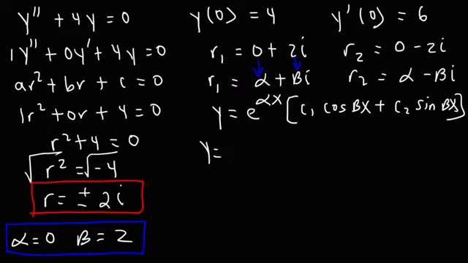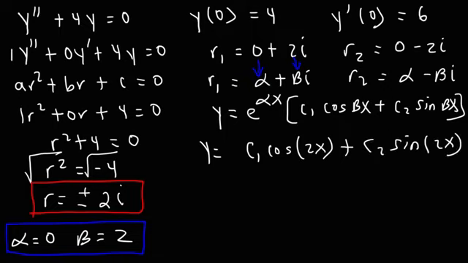Now alpha is 0, so we're going to have e to the 0. e raised to the 0 is 1, so that's just going to disappear. So it's going to be c1 cosine beta x, beta is 2, plus c2 sine beta x. And so that is the general solution to this differential equation.